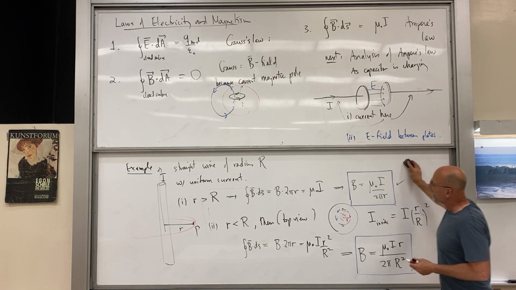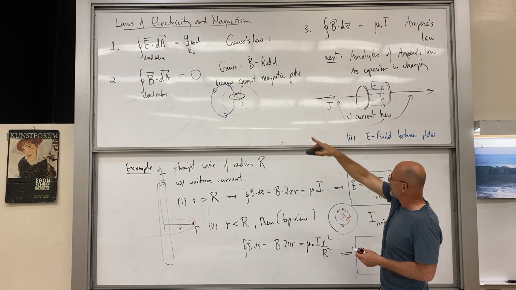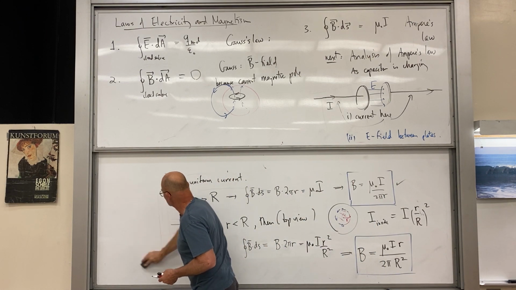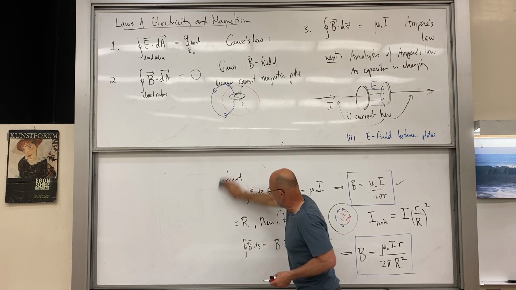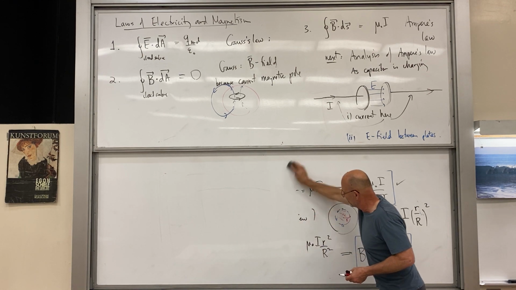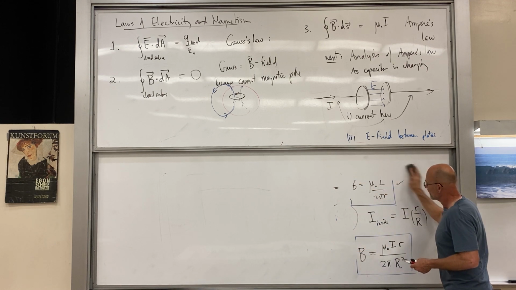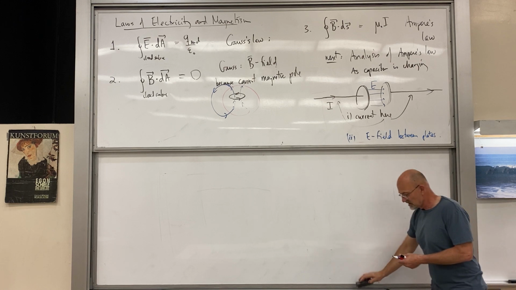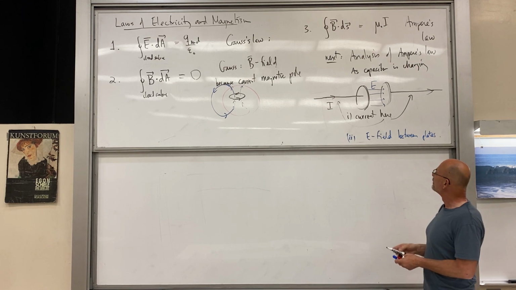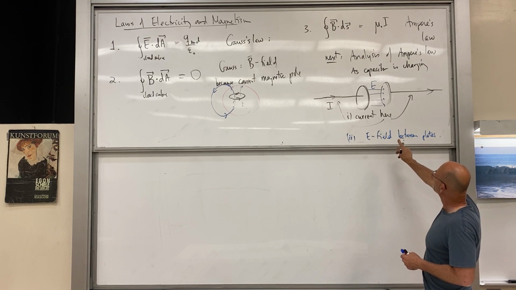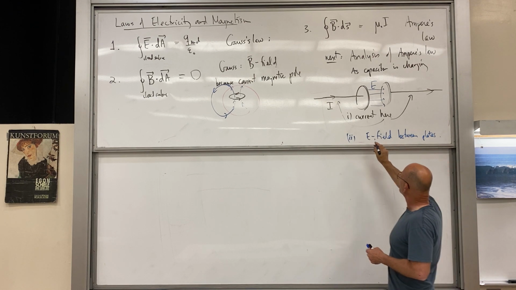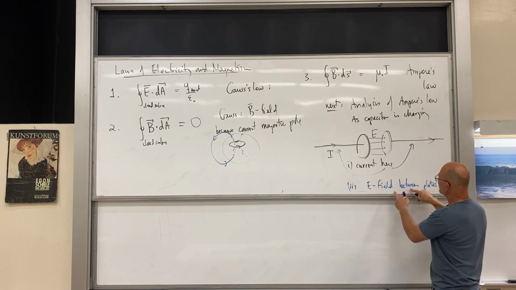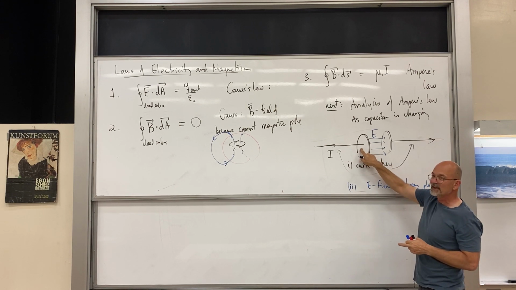So let's analyze that. We'll be able to make use of the Gauss's law up there. So this is a formal thing, but we'll see. It's really principled. So what we have is current here, E field between the plates, and a charge building up on the plates.